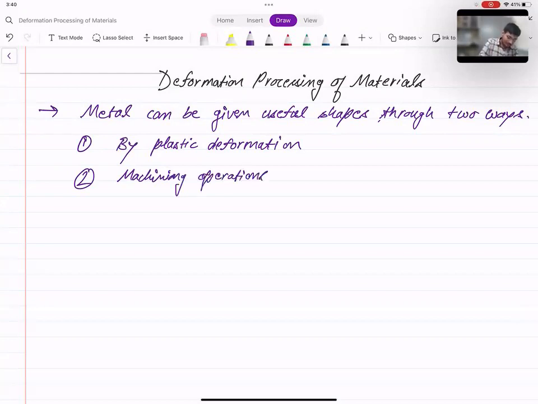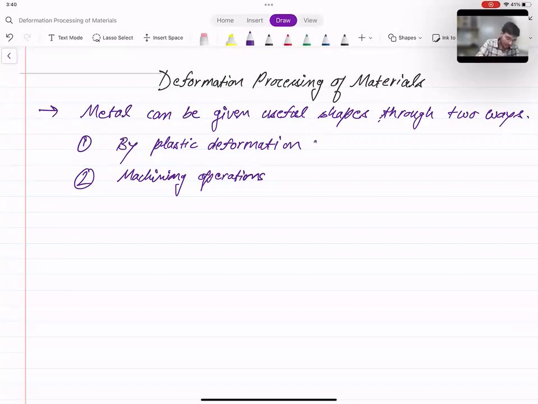Okay, so what happens in this case of deformation? By plastic deformation, what we can do is basically the volume and mass of the metal or component, initial component, is kept fixed, while metal is displaced from one particular location to the other so that the component can be transformed or can be reshaped into the useful form.